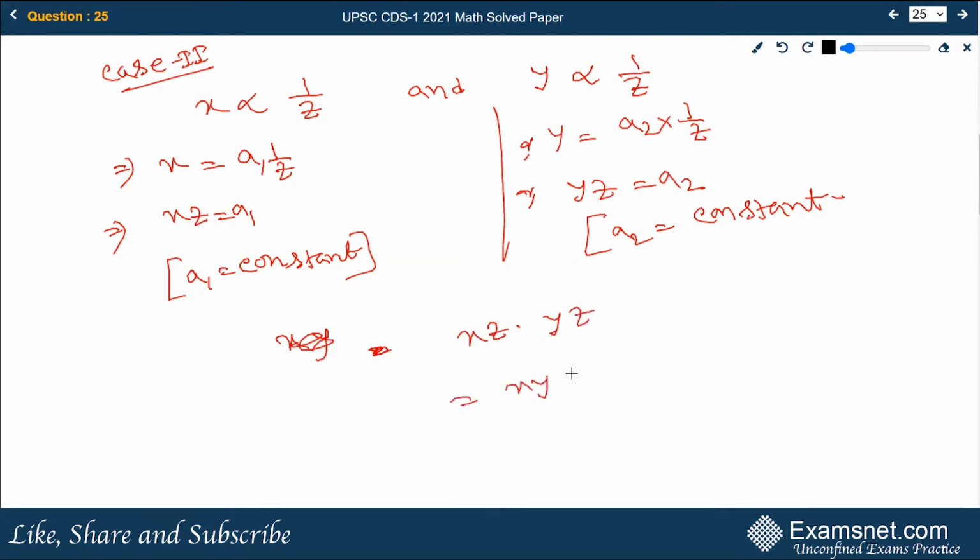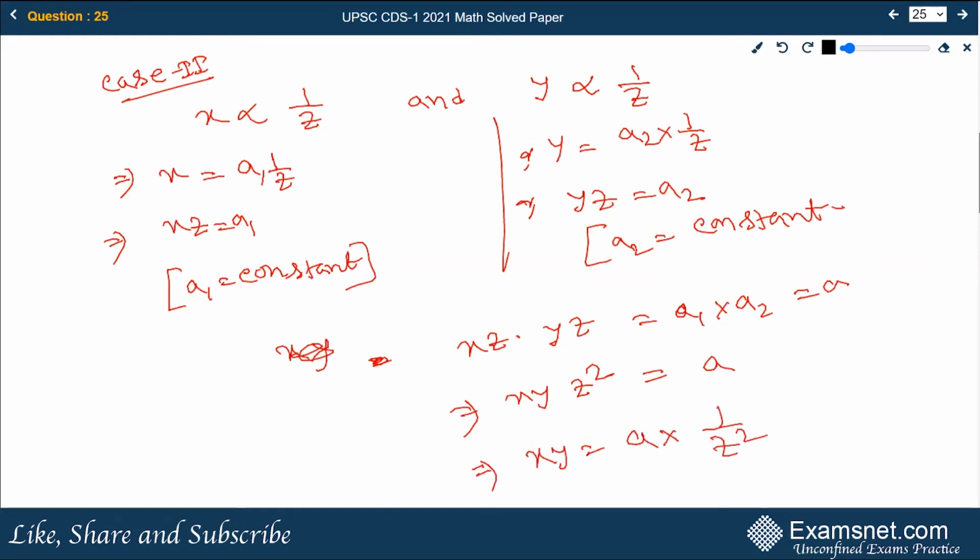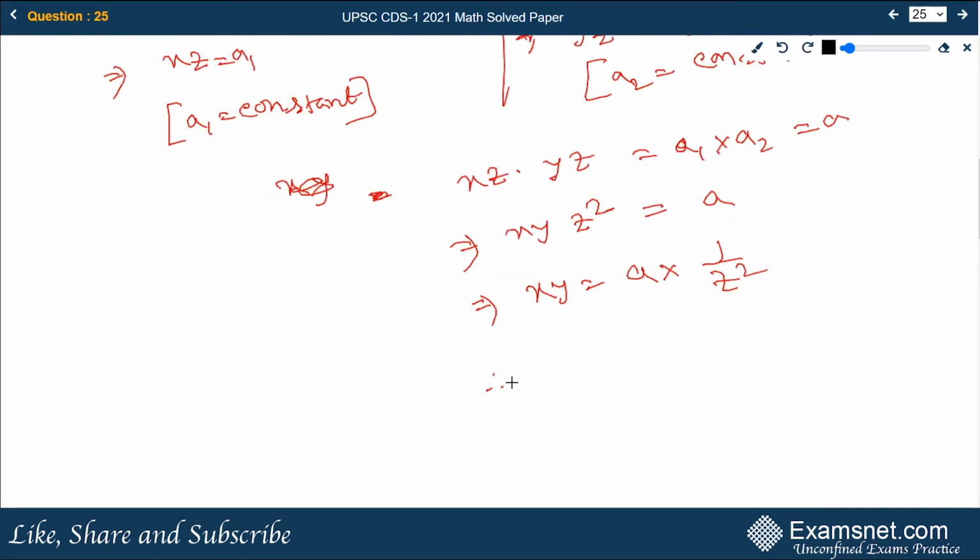It will be xyz square. And xz and yz are two constants. The product of two constants will result in another constant a, right? So xy equals a multiplied by 1 by z square. So from here we can conclude that xy is inversely proportional to z square.